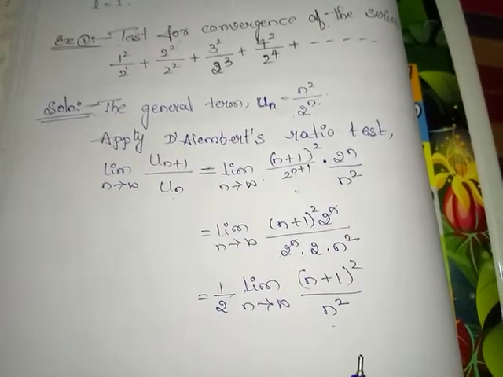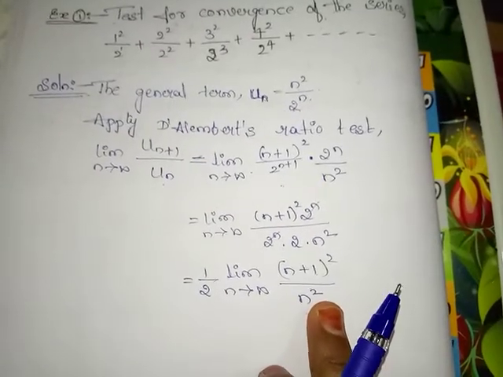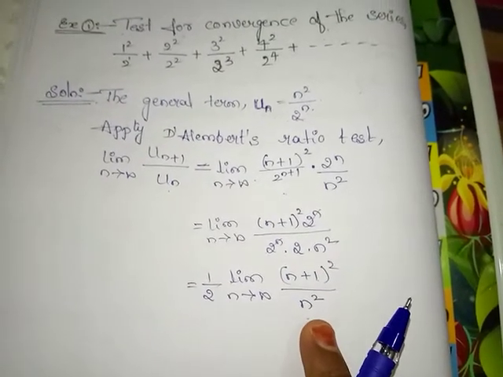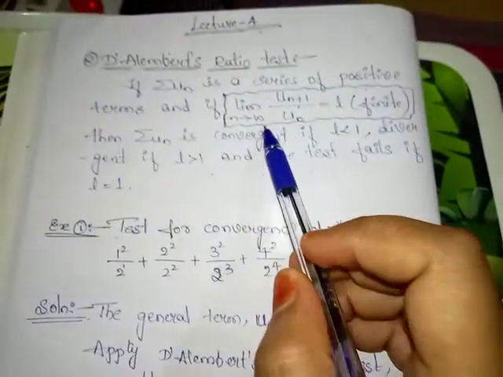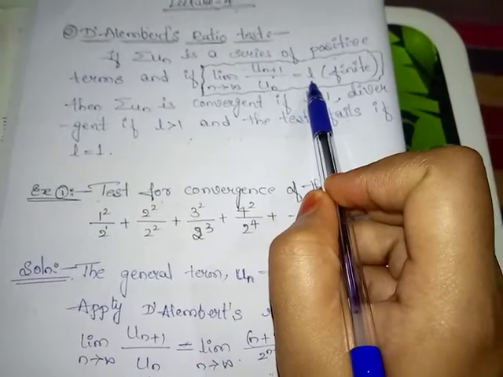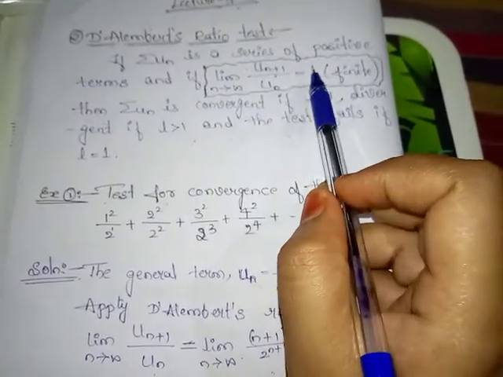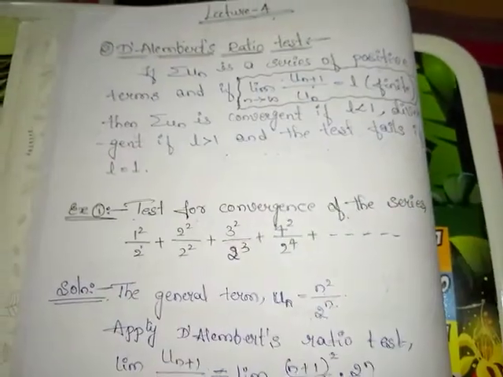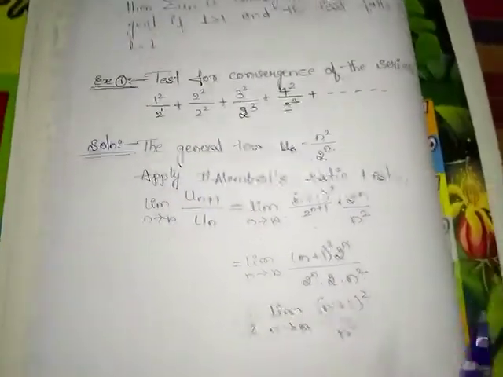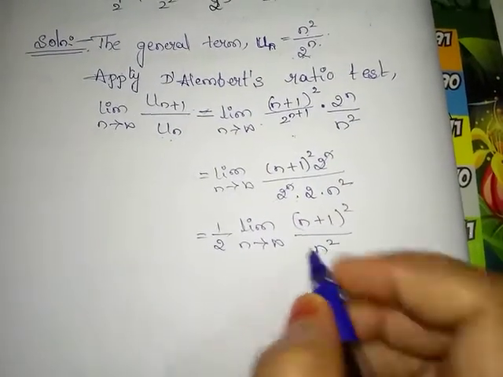So first we have to see what to do to avoid this infinite quantity, because according to our D'Alembert ratio test, the limiting value should be a finite value. It may be less than 1, greater than 1, or equal to 1, but it must be a finite value, not an infinite value.